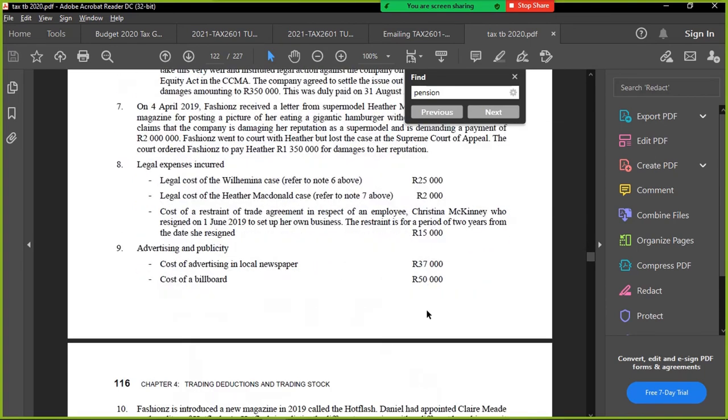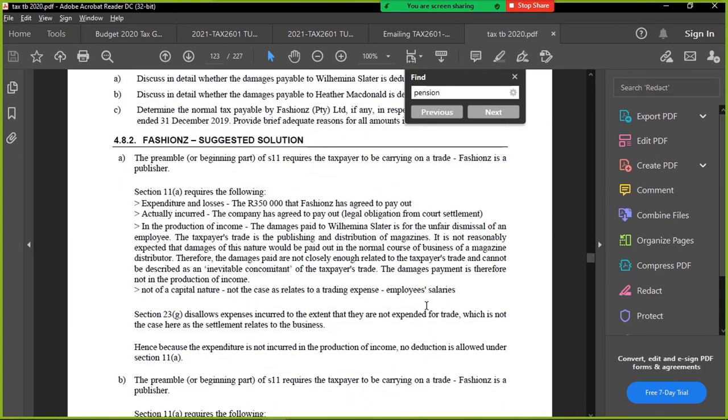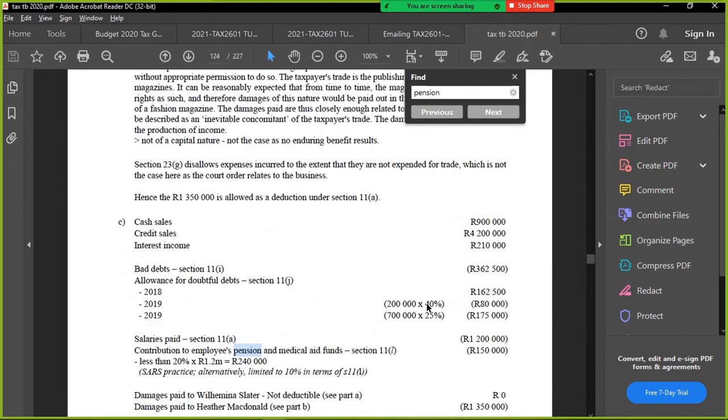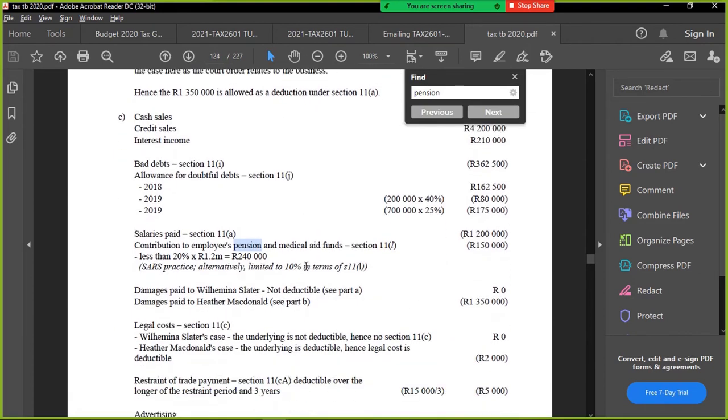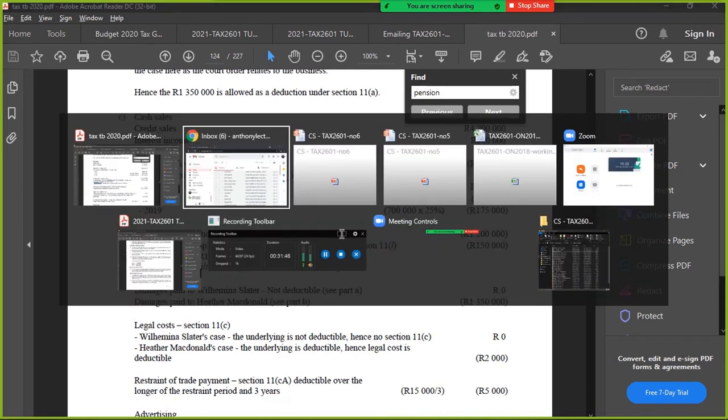Yes. Okay, have a look at their solution. There's the contribution. Yeah, they're limited to 10%. There we go. See, SARS practice. There's the confirmation. Right, so that's where you're going to see it. So you can Google it or you can just look at it there. It's in the example. Okay, do you see that there? Yes. Okay, so it is limited to 10%. That's right, but it's a SARS practice note. That's the important bit. Okay, so we need to write that down.